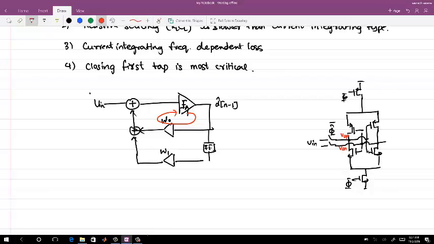Regenerate means you have a cross coupled inverter, right? So you understand the way the cross coupled inverter works. Let me just show you that too.